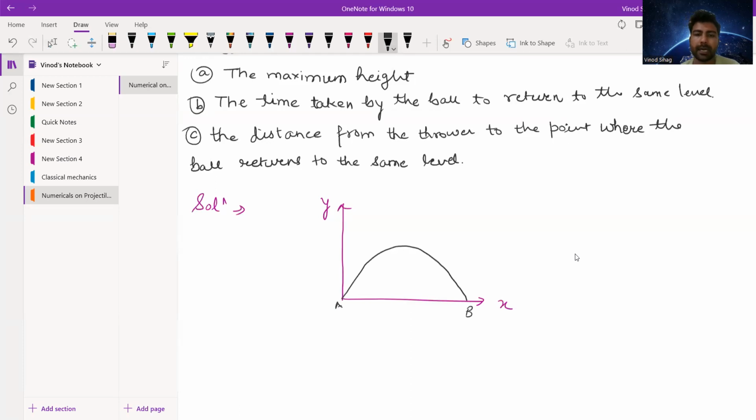So ball started from the point A, or we can say the ball was thrown from the point A, and after the motion it again comes to the point B, which is at the same level, or we can say the ground level. Okay, in the first point they are asking us to determine the maximum height. Okay, so let me draw the maximum height.